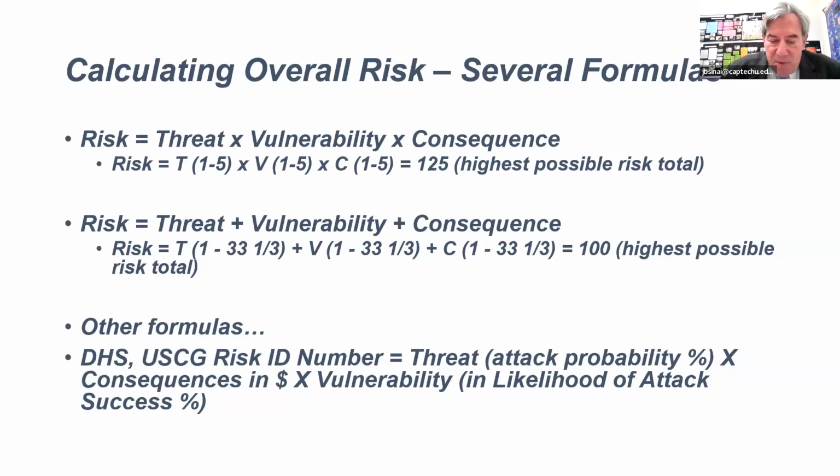For example, the US Coast Guard has come up with a risk model called the Risk Security Assessment Model, in which, again, the threat is represented by a percentage of attack probability times consequences in terms of the amount of dollar damages represented by an attack, and the vulnerability in terms of the likelihood of the attack success, which again is represented by a percentage.